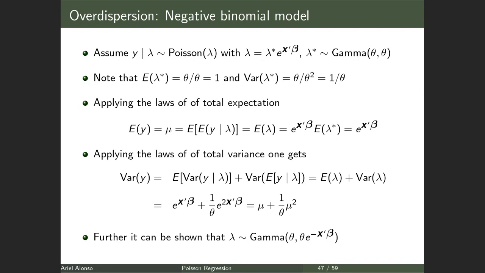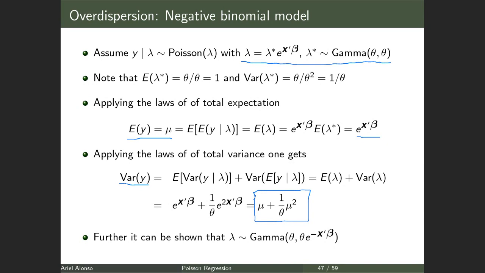You can show that the average of y will be mu, which is essentially, like in the Poisson, the exponent of the linear predictor. And what would be the variance? You can show that marginally the variance of y is now just a quadratic function of the mean. So if you make this adaptation to your model, then marginally the mean of y is mu and the variance of y is mu plus a constant times mu squared.